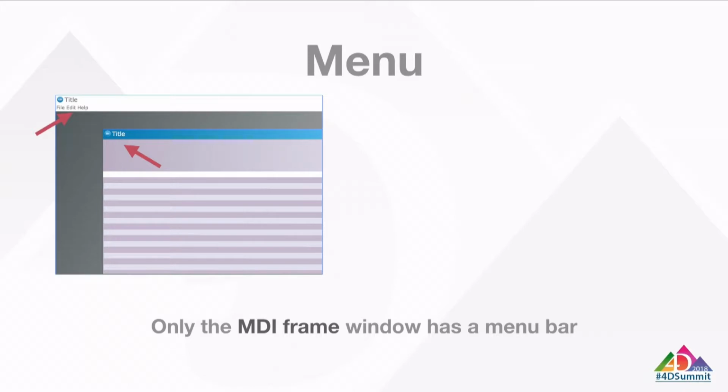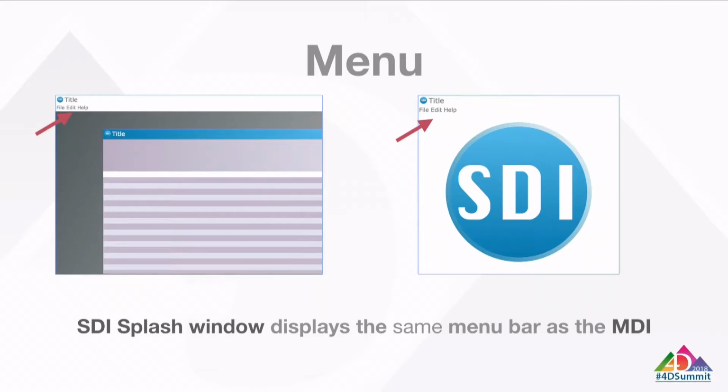Things were very simple in MDI mode. Only the main background window had a menu bar, and that was like the central control center for your application. Now, when you switch over to SDI mode, because you don't have the background window, the menu bar is automatically moved to the splash window if you have a splash window visible.